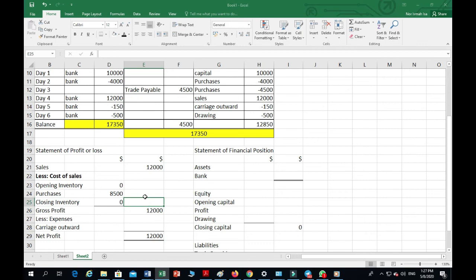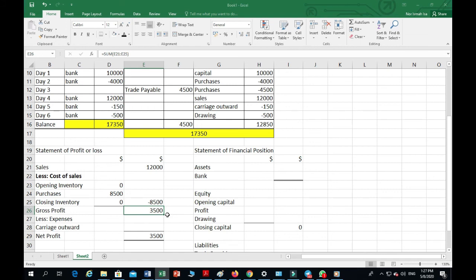Therefore, cost of sales is 8,500. So the gross profit for the period is 3,500, which is the sales of 12,000 less cost of sales of 8,500.